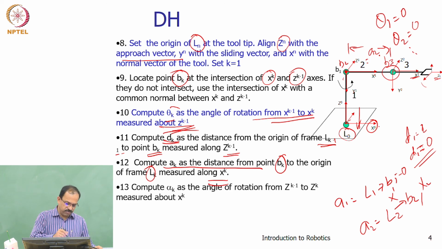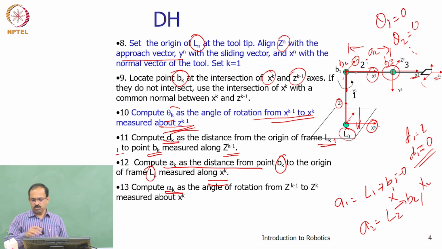And finally, alpha is the angle of rotation from Zk minus 1 to Zk measured about Xk. So you have Z0 and Z1 measured about X1. Assume that this is the Z axis, and this is your X axis, this is X2.